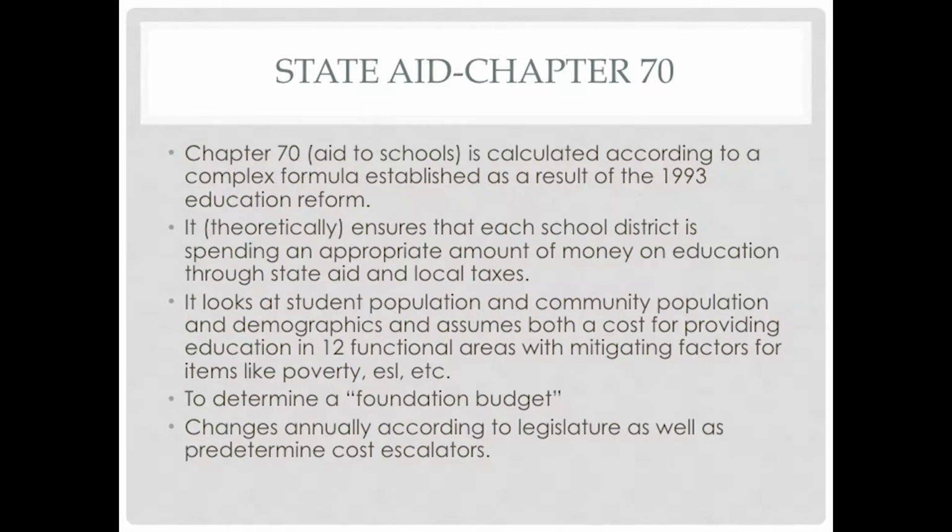Chapter 70, our aid to schools, is one of the more complicated aid formulas out there. It theoretically ensures that every school district is paying an appropriate amount of money for an education and that the Commonwealth is helping that school district provide that bare minimum education. The states have always provided some sort of aid to education, but the current Chapter 70 formula came about in the early 1990s after education reform in the Commonwealth, triggered by the city of Brockton suing Massachusetts.